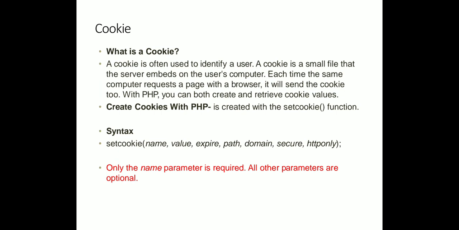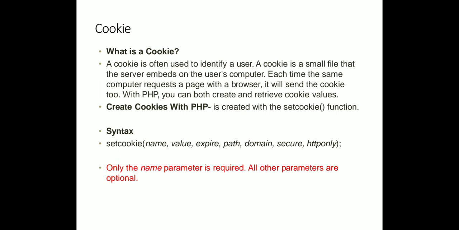Then the path is the URL of directories for which the cookie will be valid, and secure is for the connection, whether it is secure like HTTPS, like your banking applications. If the secure parameter is set to 1, that means the connection is secure, that means it is HTTPS.